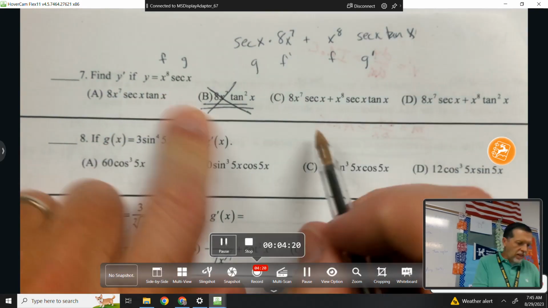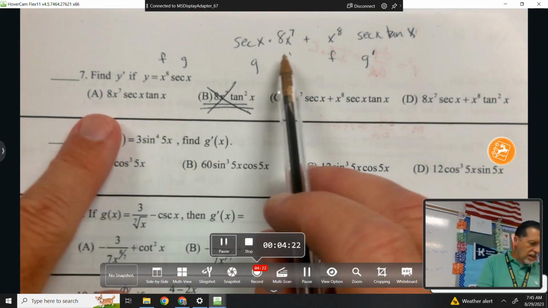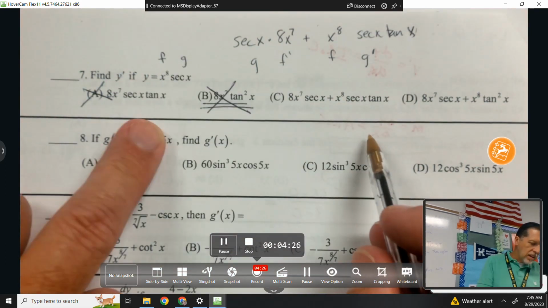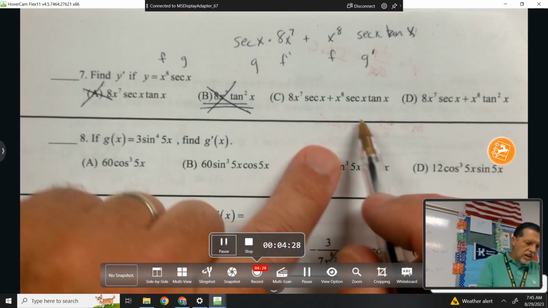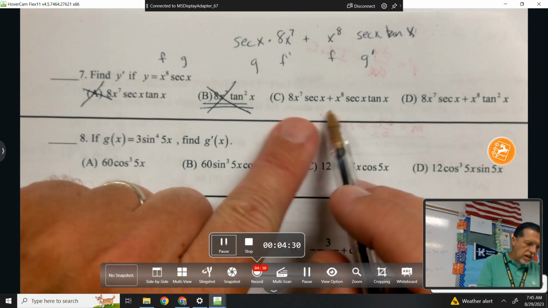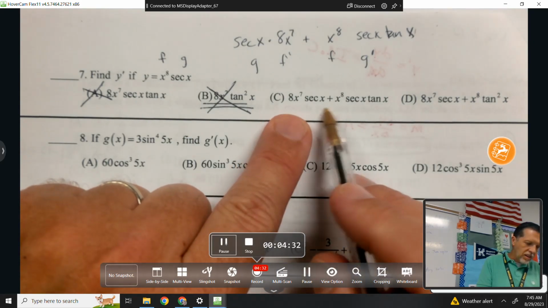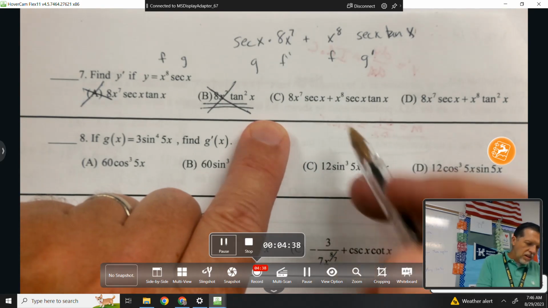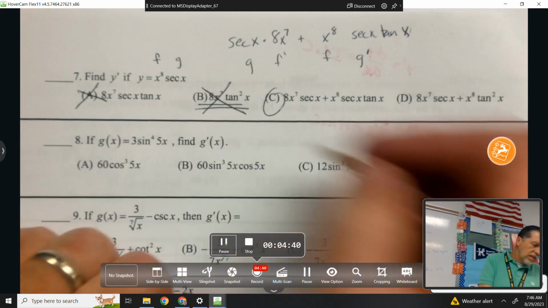So let's see if anything matches that. There's 8x to the 7th, but something's not right about that. 8x to the 7th secant. I think C would be our answer. Yeah. C would be our answer.